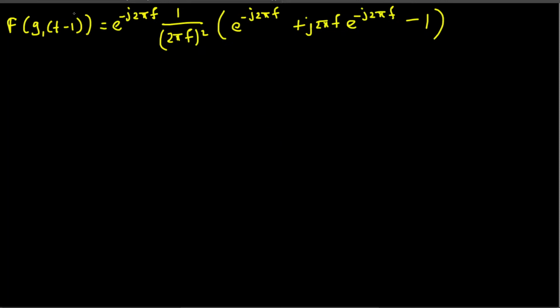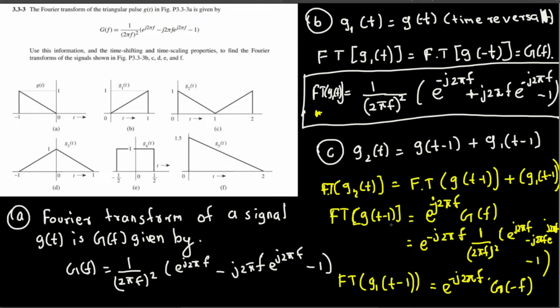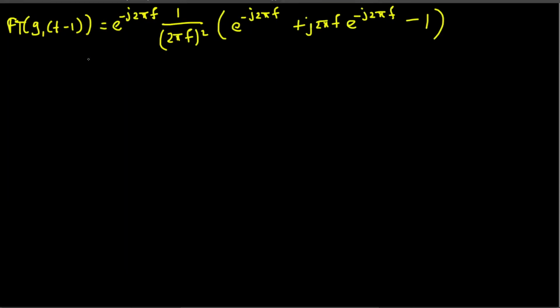Okay, that is the Fourier transform of g1(t−1). Now we have both of them. We have the Fourier transform of g(t−1) and also the Fourier transform of g1(t−1).